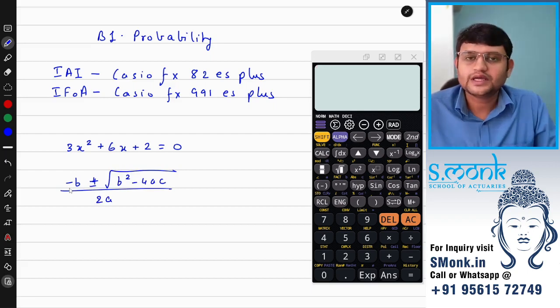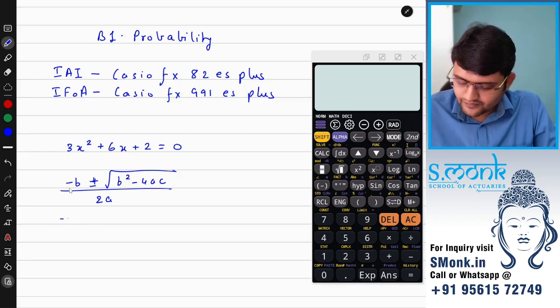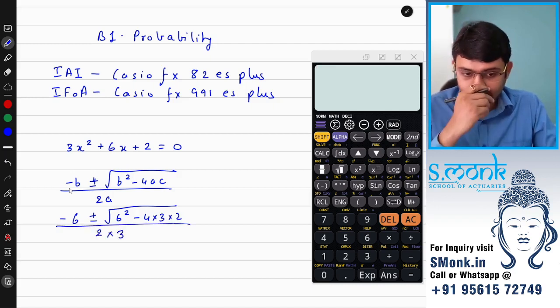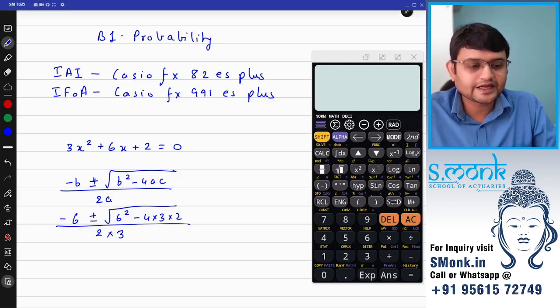This is how we make the roots of a quadratic equation. So accordingly I will have minus 6 plus minus under root 6 square minus 4 into 3 into 2, upon 2 into 3. This is the equation. I can make this equation directly in our calculator.